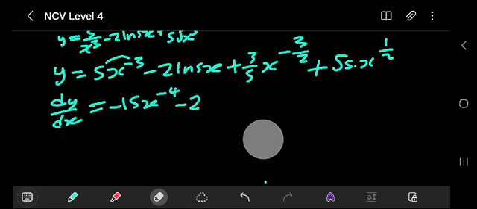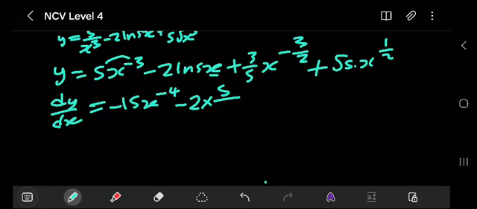So if you apply that there, you wanted to differentiate ln 5x, you'll have what? Multiplied by the derivative of 5x, which will simply be 5, over 5x, over this 5x.